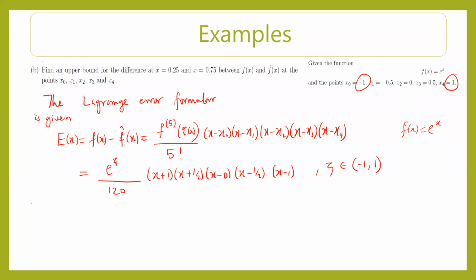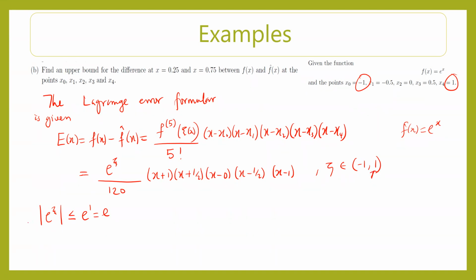Remember that the exponential function is increasing in this interval, so if I take the absolute value of this, it's going to be less or equal to e to the 1, which is e. It's increasing, so the maximum is achieved at 1.